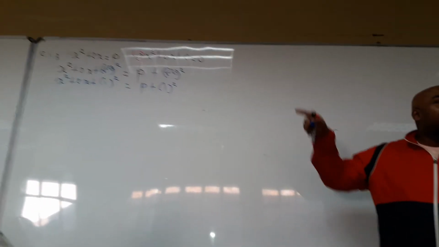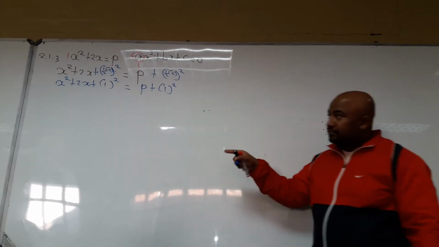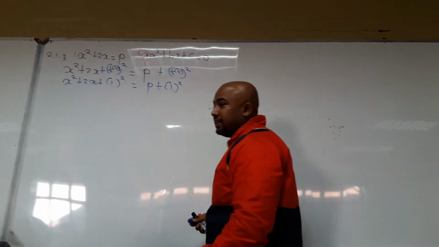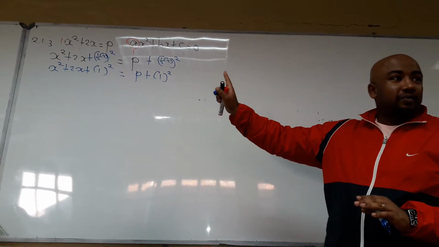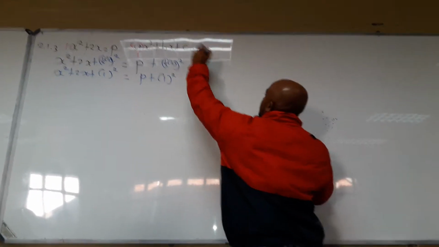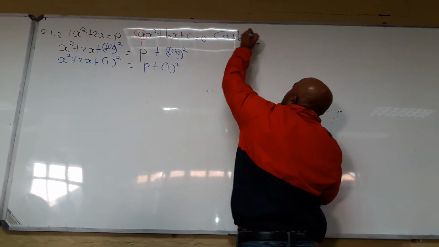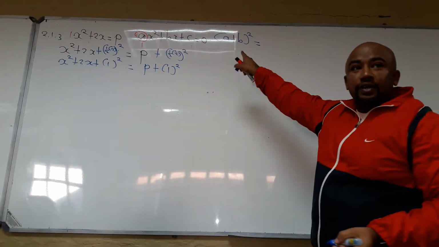Right, so now on the left hand side of this equation, what do we have? We have a trinomial which is of the form a plus b all squared. This is squaring a binomial.